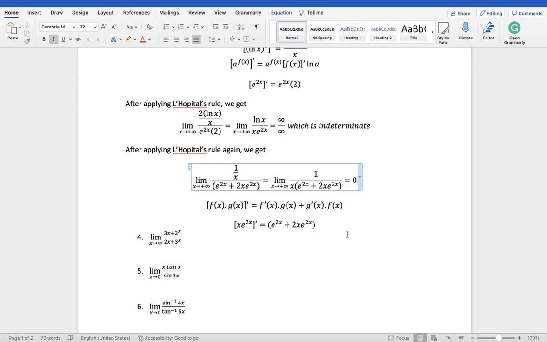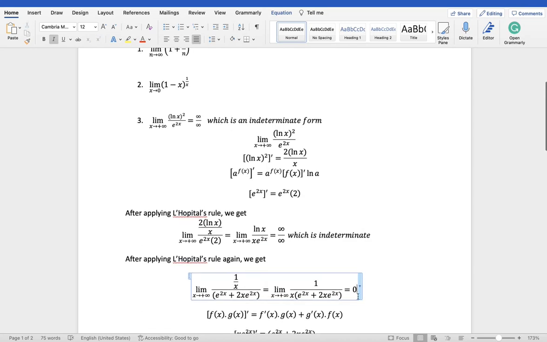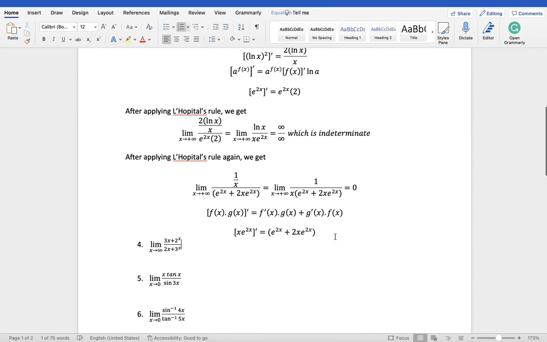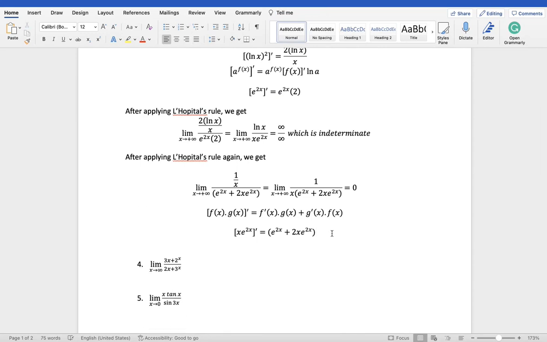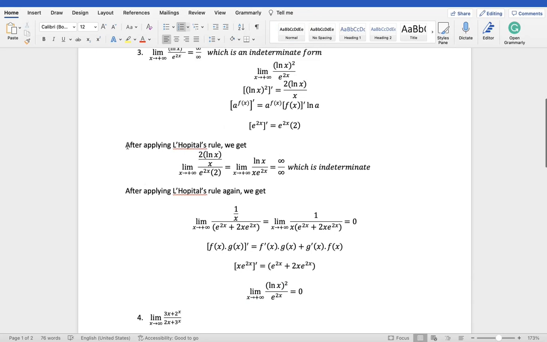I hope everyone understands. Okay, let's move on. You can always stop me at any time. So we found 0. So now we can conclude that the limit of our original function is therefore equal to 0. This is after applying L'Hopital's rule twice, okay? And that's it.